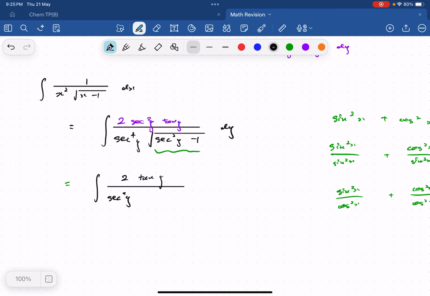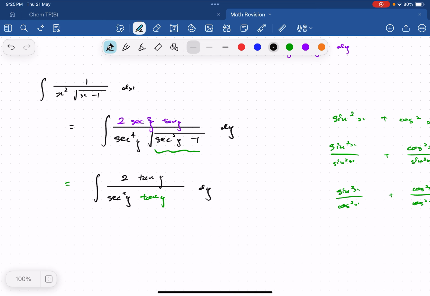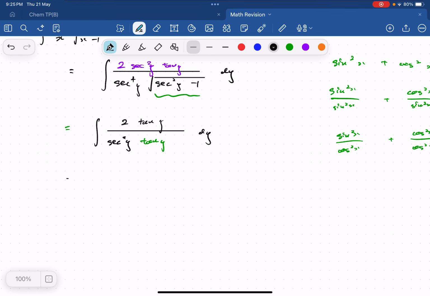So what's the root of tangent squared y? It's just tangent y. And then I found one more thing to cancel. This is fantastic. So this one can also cancel. That's great, right? And then you will see that this simply simplifies to 2 over secant squared, which is what? 1 over secant squared is what?